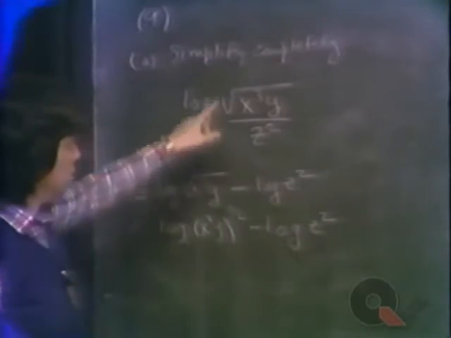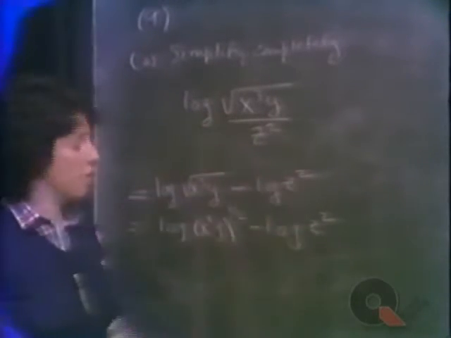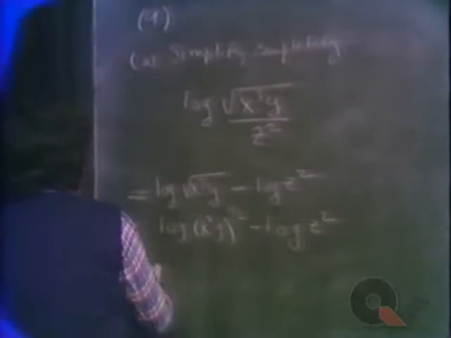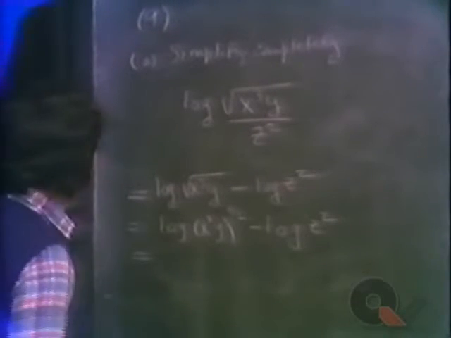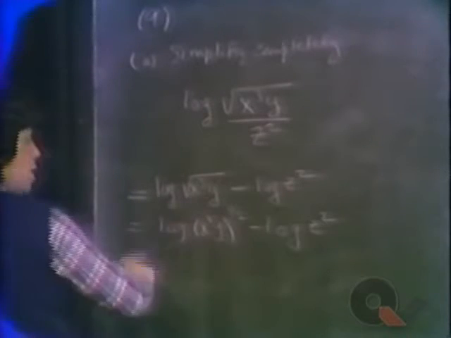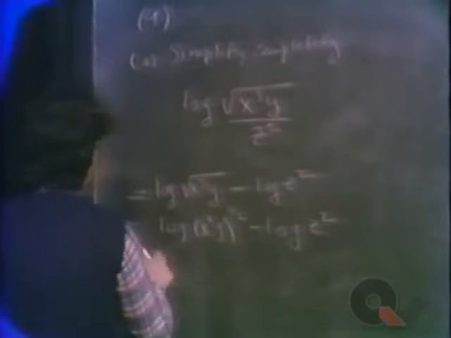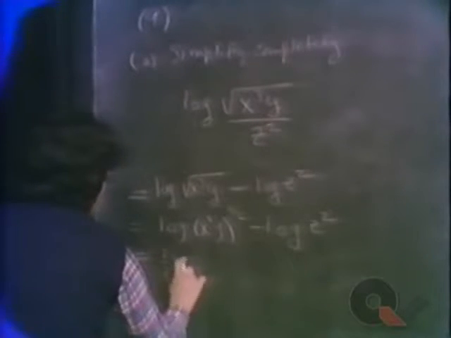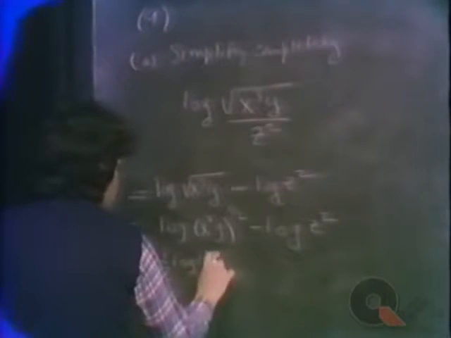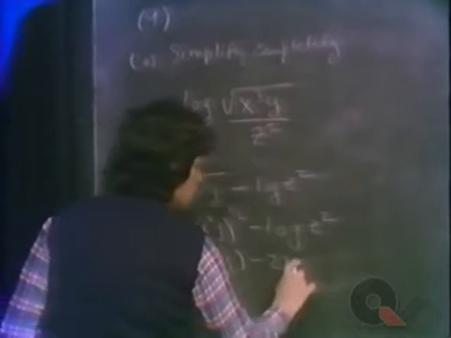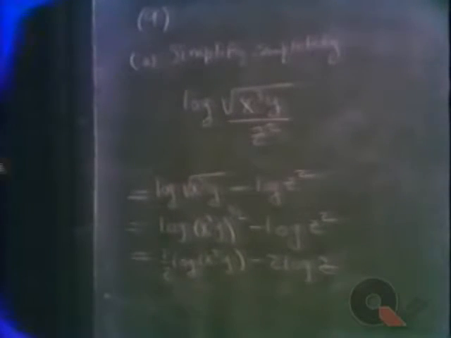Now I want to use another property of logs, which says the log of something to a power is the power times the log of the something. That is, we can bring the power down in front as a coefficient. This gives us 1/2 the log of x cubed y minus 2 times the log of z, in both cases bringing the power down in front.